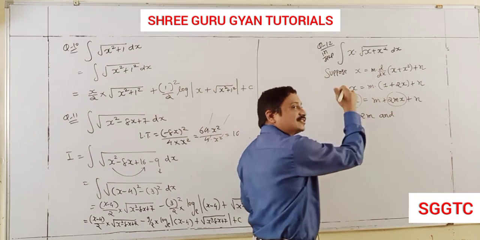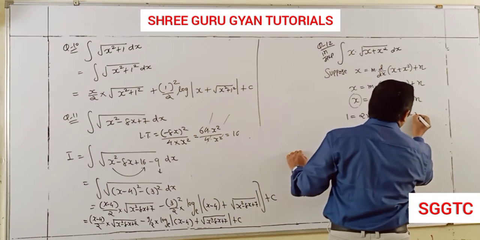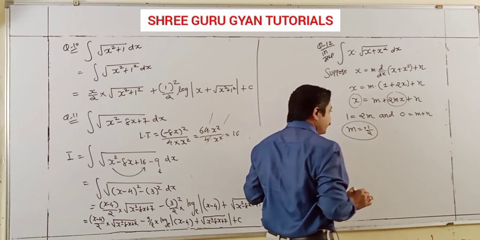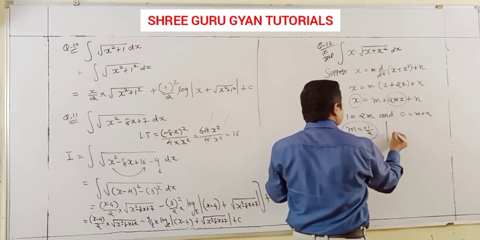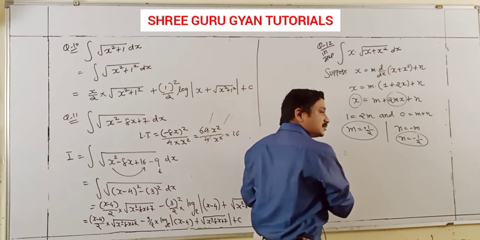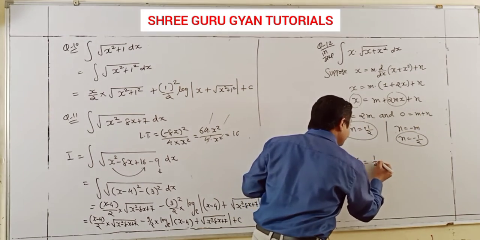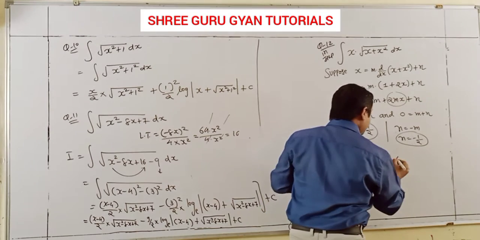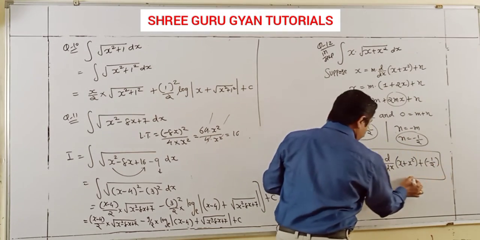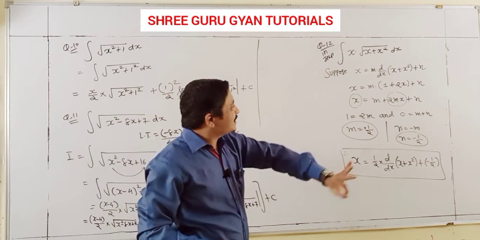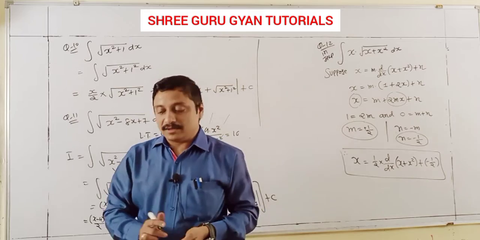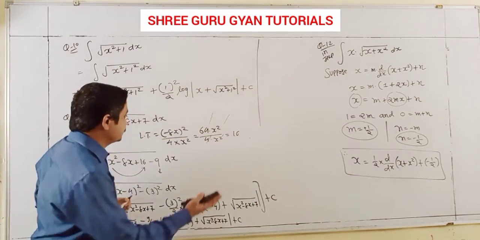On the other side the coefficient is nothing given, so 0, but that side m plus n. M becomes minus half, sorry, plus half, 1 by 2. And here students n is minus m, minus half. It means your x is half d by dx of x plus x square and n is minus half. This value I just decided, and now I start my exact numerical solution one by one.